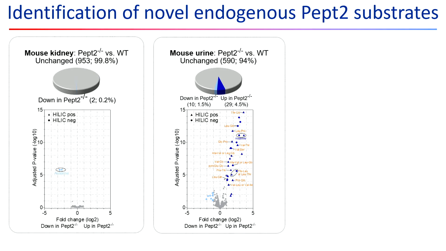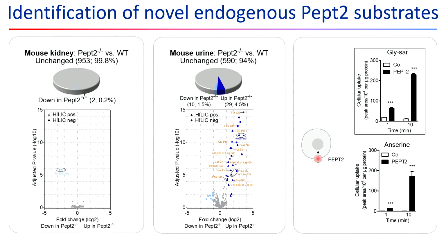The dipeptides in general have already been identified as substrates of peptide-2, and apparently there was nothing else. At least we didn't identify anything else except for the dipeptides, so that was a nice confirmation of the substrate spectrum.